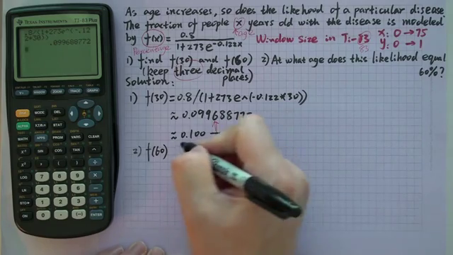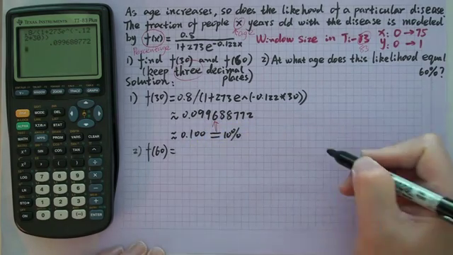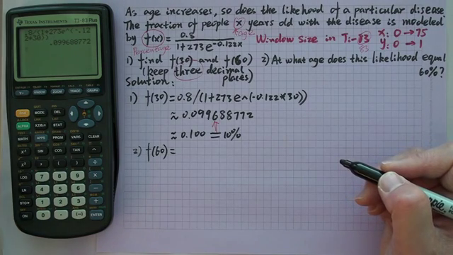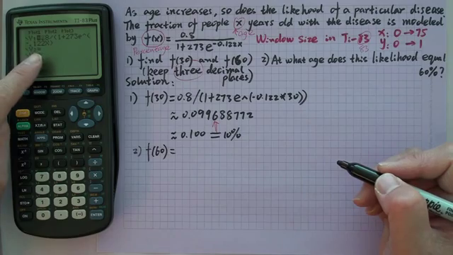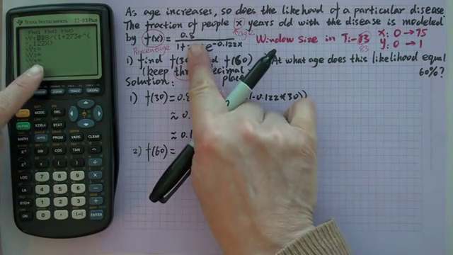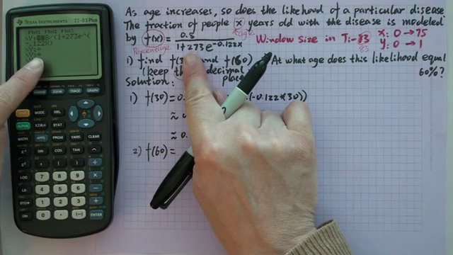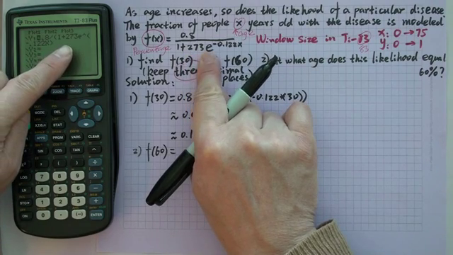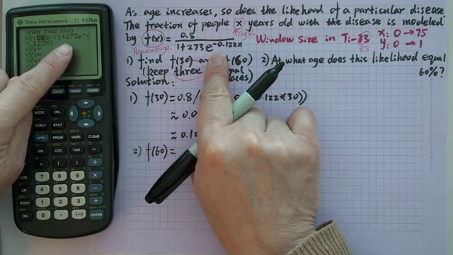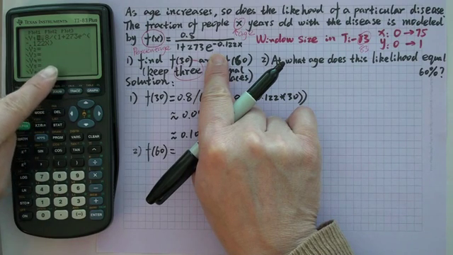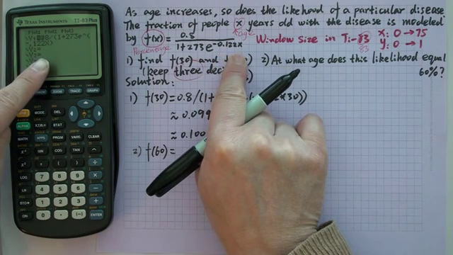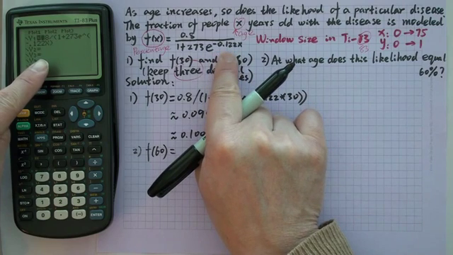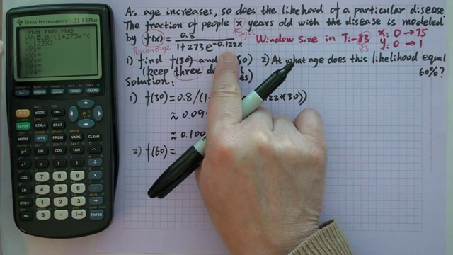Now, let's use another way to do it. You see, I have input this equation, 0.8 over 1 plus 273 times e to the negative 0.122x, into y sub 1.